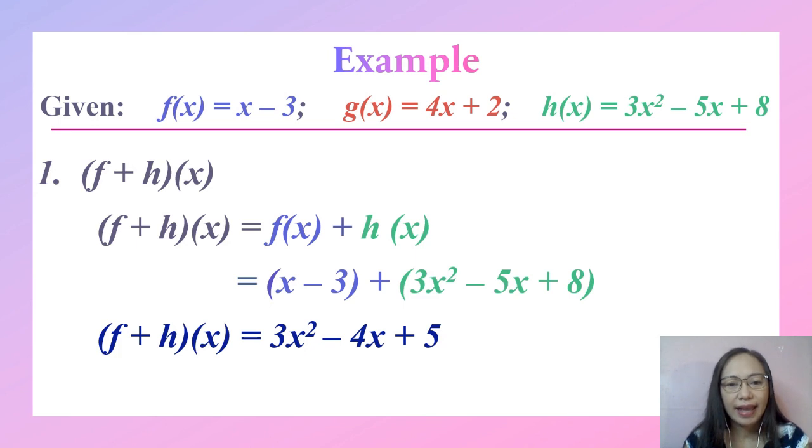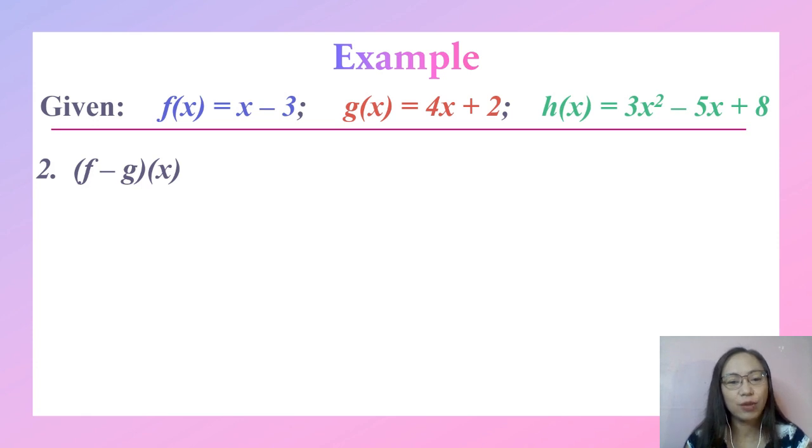Then we combine the ones with x's, x here, and 5x. So x plus negative 5x, you have there negative 4x. And we combine the constants, negative 3 plus 8, you have positive 5. Therefore, f plus h of x equals 3x squared minus 4x plus 5.